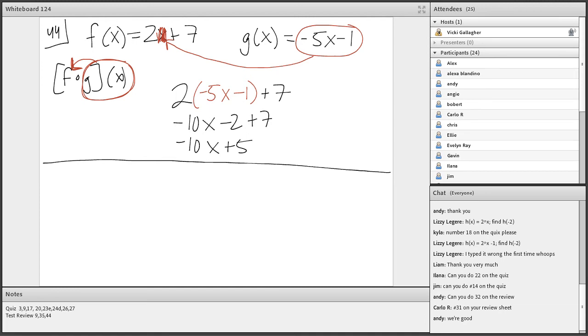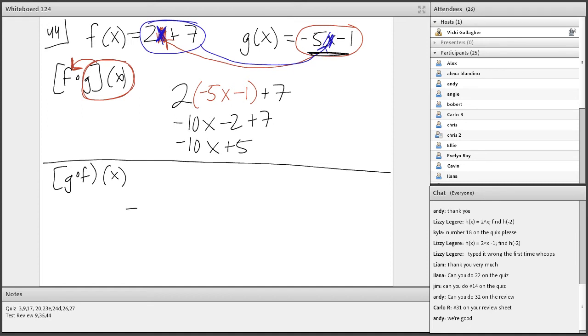They did want you to do it a second time, but this time they wanted you to do g composite f of x. And so for that one, they wanted you to take the f function with the x that was right here and plug it into the g function. So now we'll be getting rid of that x over there. And so we had, oh, oops, just kidding. We're plugging it into the g function, into this one.